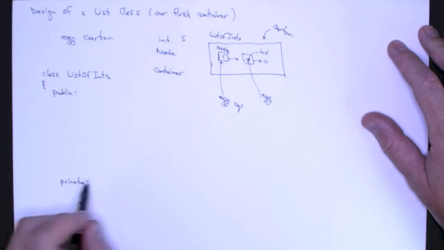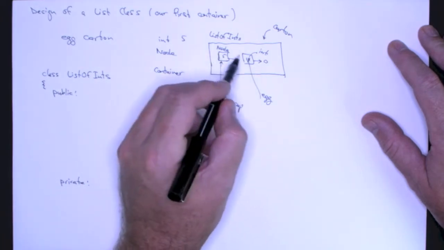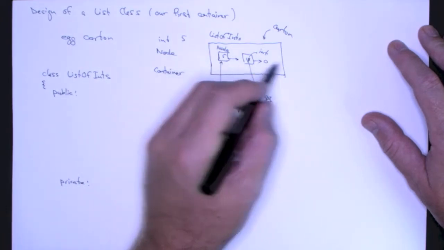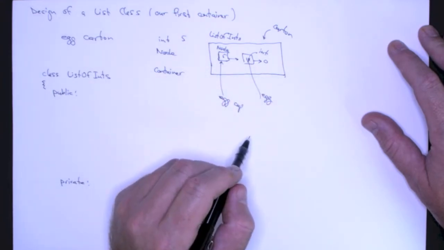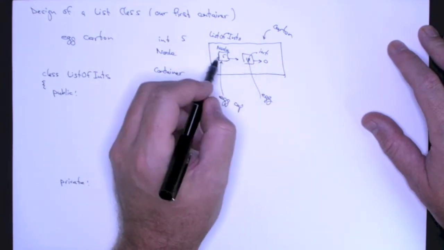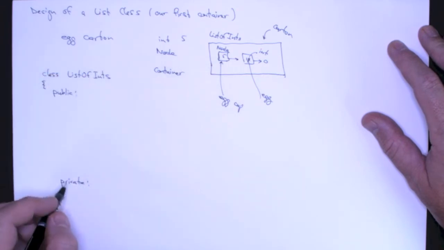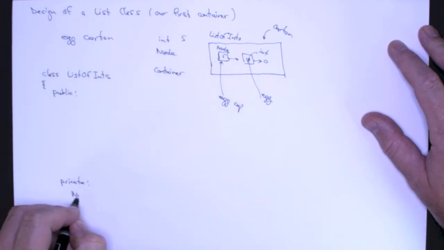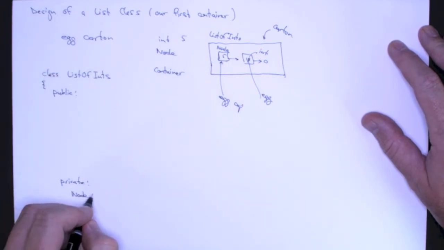But for my private data member, I need something to hold on to this linked list of nodes. This is what I was talking about with the head pointer and the kite string. That is going to be my private data member.